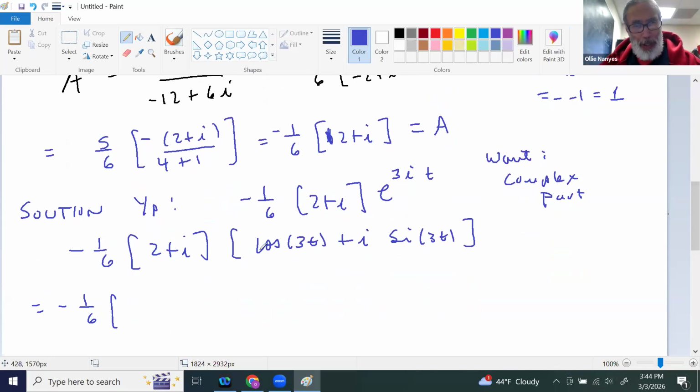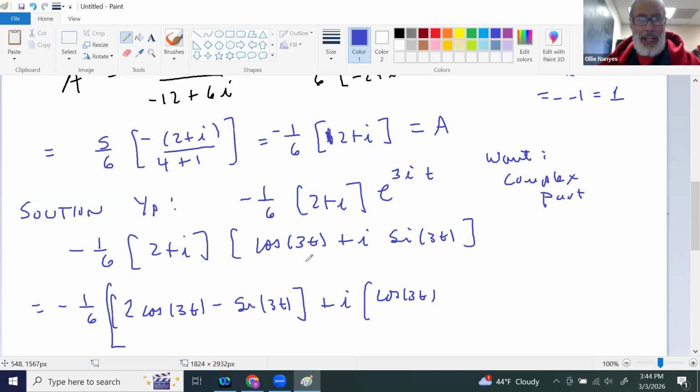Now right here, we have a 2 times cosine of 3t, and then i times i is negative 1, minus sine 3t. Then we have our i, and of this i right here, we have cosine of 3t and then plus 2 sine of 3t.